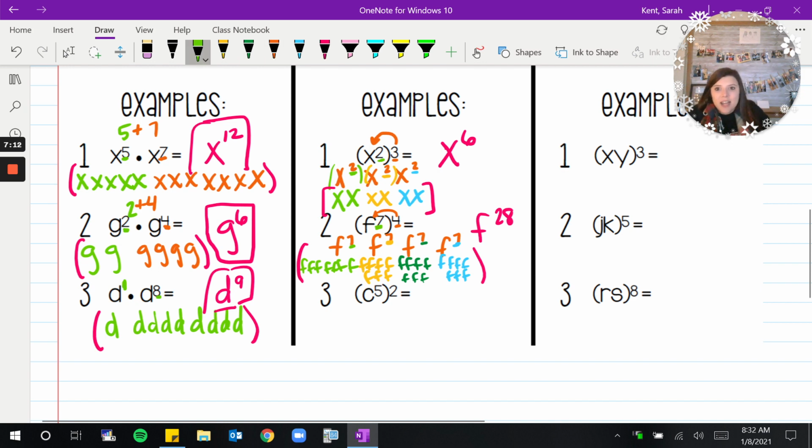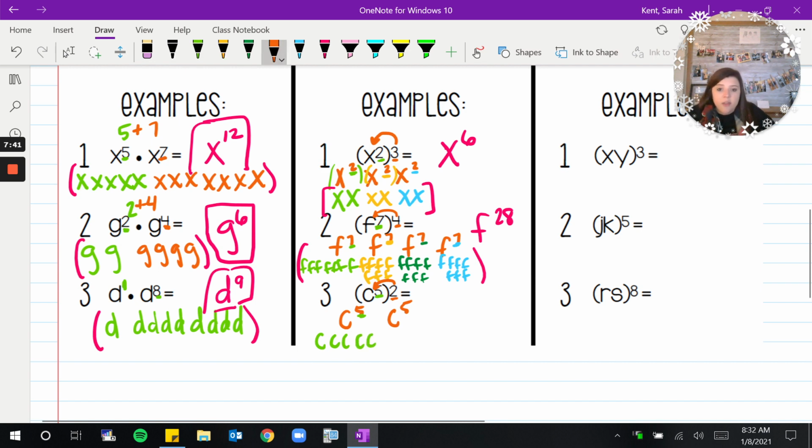All right, and then our last one, we have c to the power of 5 to the power of 2. So again, that second exponent tells me how many I have inside the group. So I've got 2 of these c to the power of 5's. So I write it 2 times. Now, c to the power of 5 means I have 5 c's.